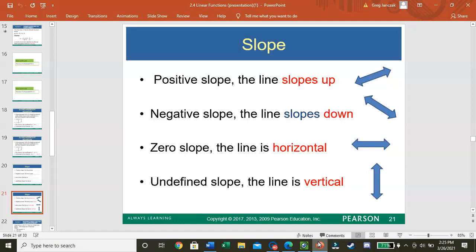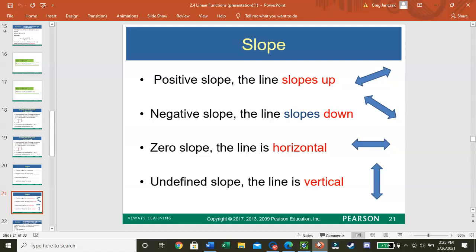You have that line where the land and sky, or land and water, or water and sky meet. That's the horizon. So think of horizontal and horizon, okay? So that'll help. Undefined slope is the vertical line, a line straight up and down.